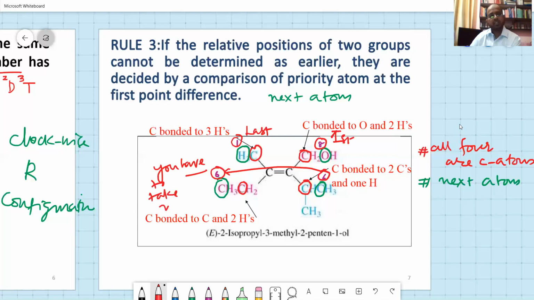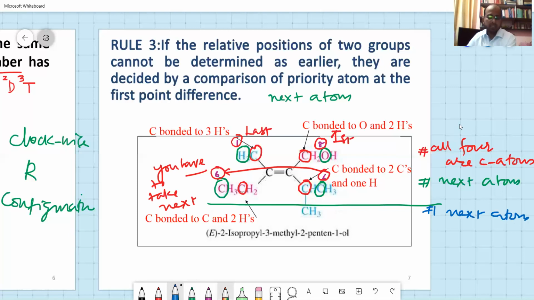Take the next atom. Next atom, how does it come out? This is 6, what is in this one? Suppose here you have CC, those two are done. What remains is H and H. So the H atom is next here. Okay. And here, after this C there is H here, and C here. Okay, this is 6 and this is 1.